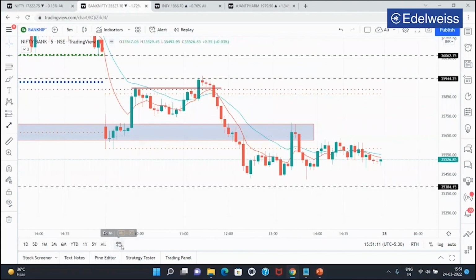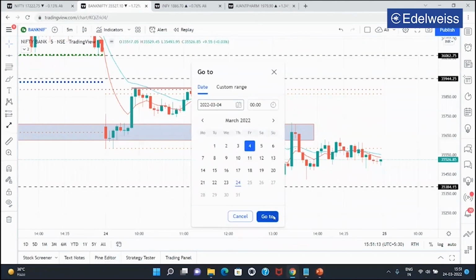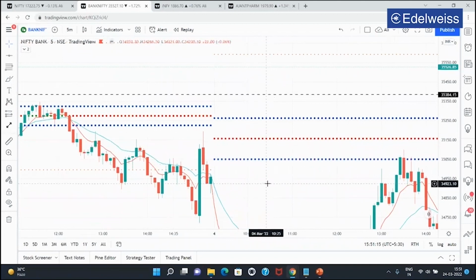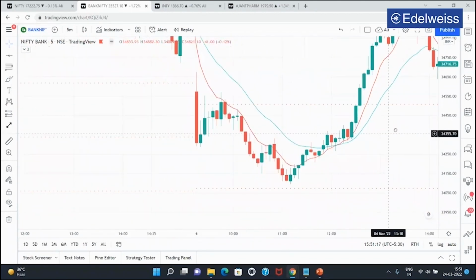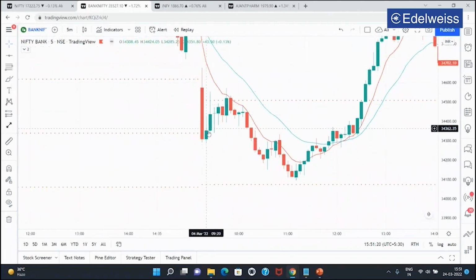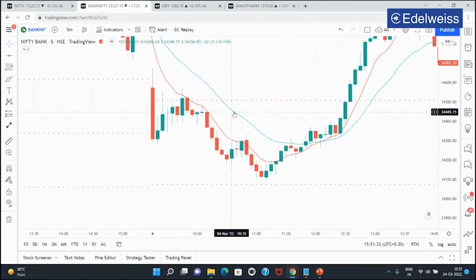We'll go on Bank Nifty, 4th of March. Look at this. Bank Nifty made this setup, again tried to move up. There was a pivot resistance. It took resistance and started moving down. One can short the market around these levels, and the stop loss even over here will be very small as there is a pivot.